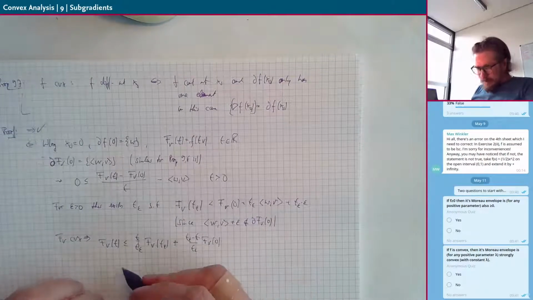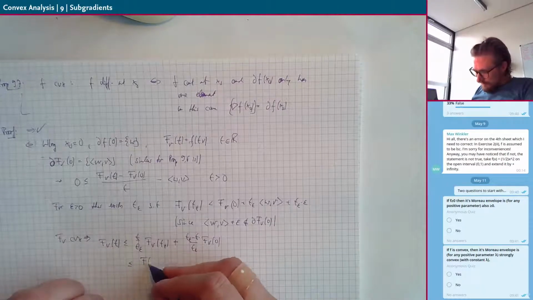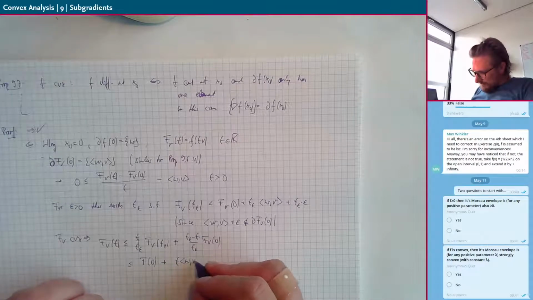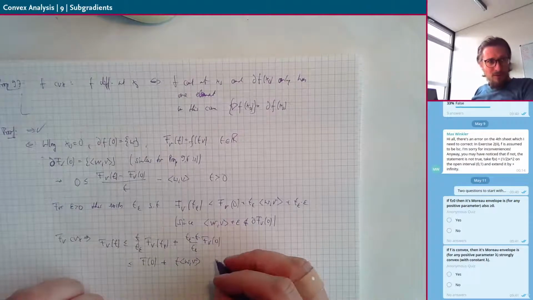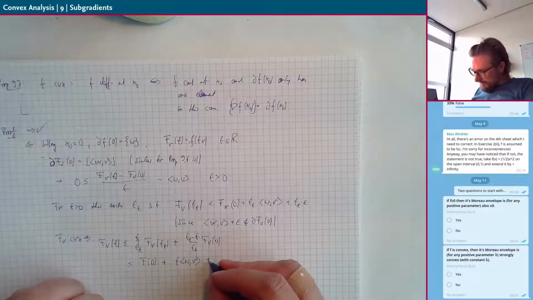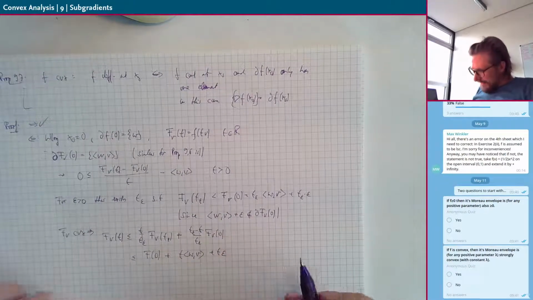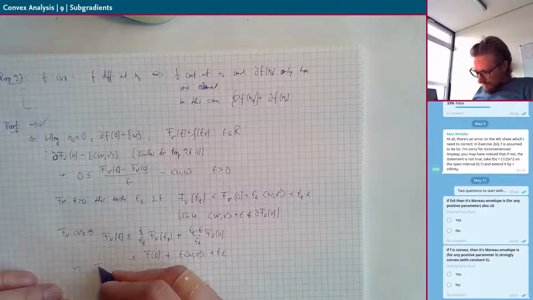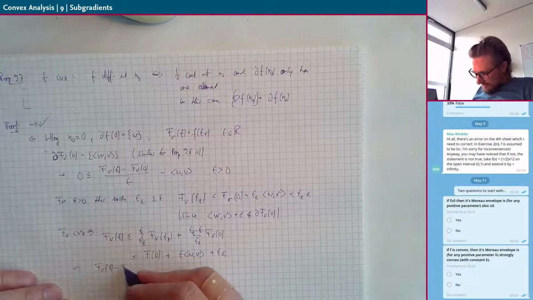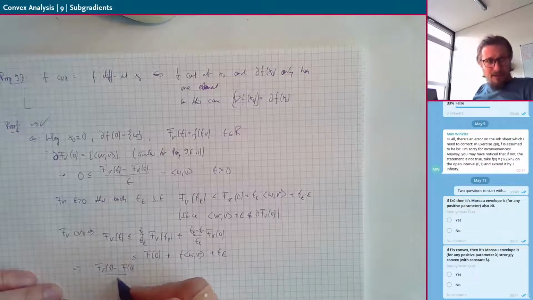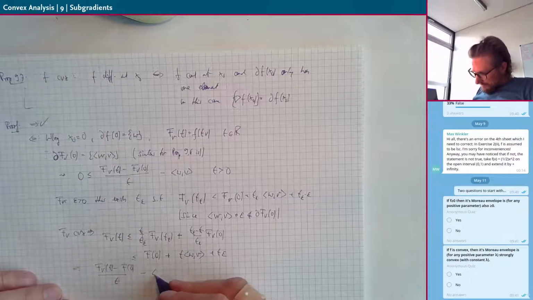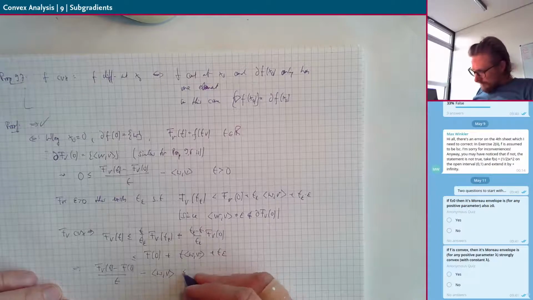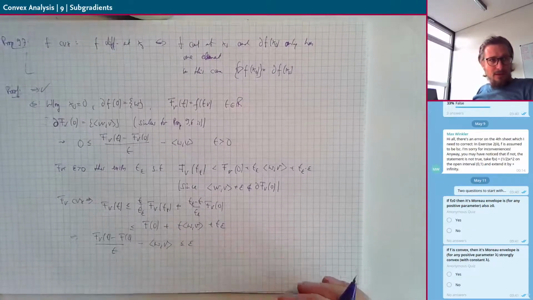Yep, and see this is smaller or equal to f of 0 plus t times v in the product with w plus t epsilon, and we can rearrange that to f v of t minus f of 0 divided by t minus w times v is smaller or equal to epsilon.